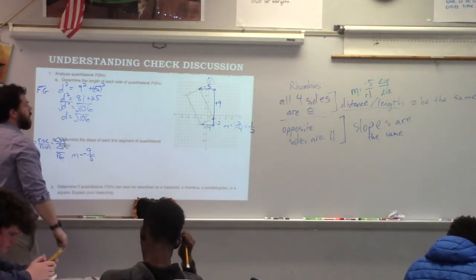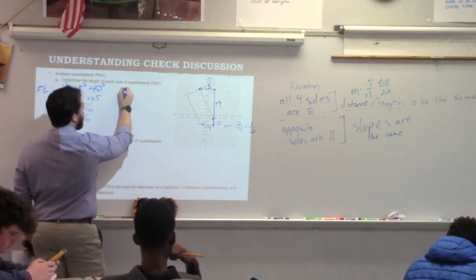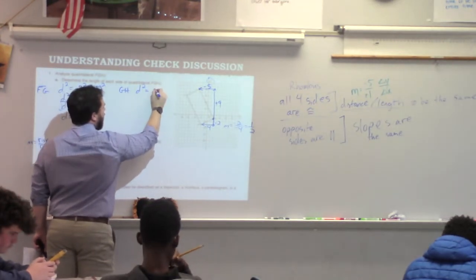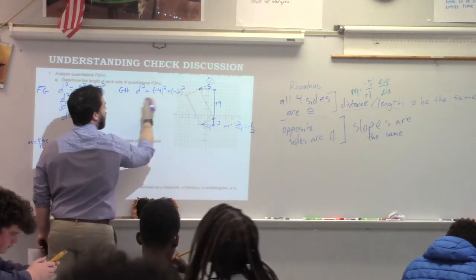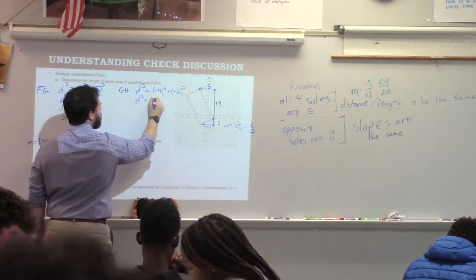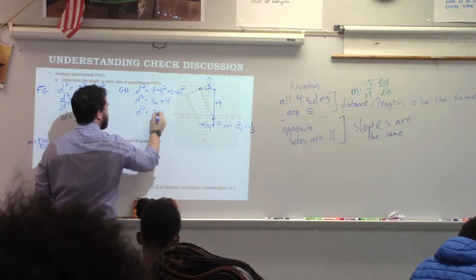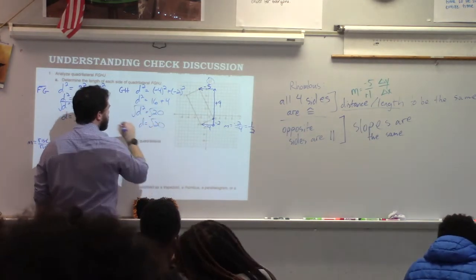Okay? Now, these are the values I need for the distance. So GH, distance squared is equal to, I can do the negative 4 squared plus negative 2 squared, or just make them positive. So the distance is the square root of 20.